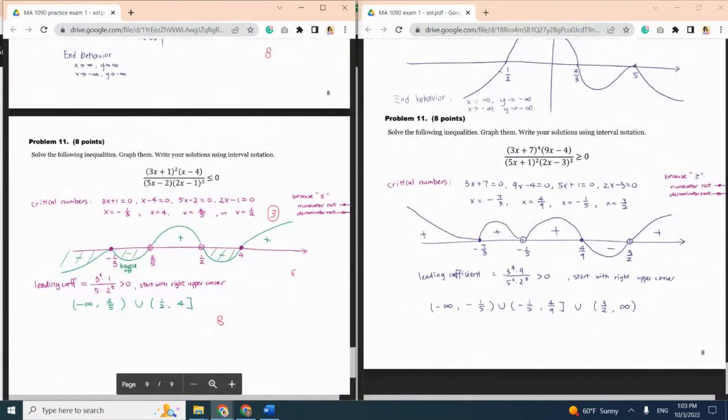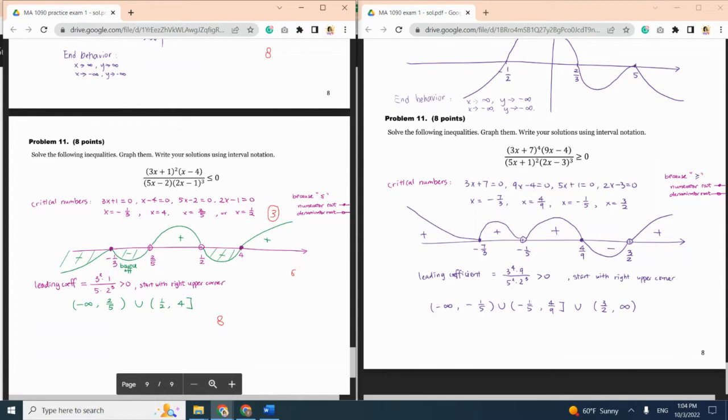And this is the last problem. You figure out the critical numbers. Based on whether the factor is in the numerator, you put a solid circle. If it's in the denominator, you put an open circle. That is because this is less than or equal, right? And then you figure out the leading coefficient and draw it, because we're looking for positive.